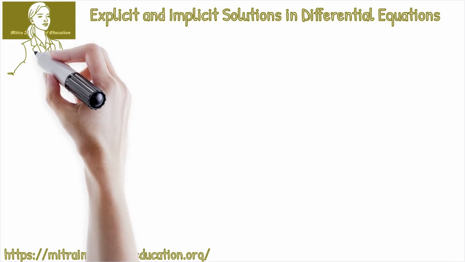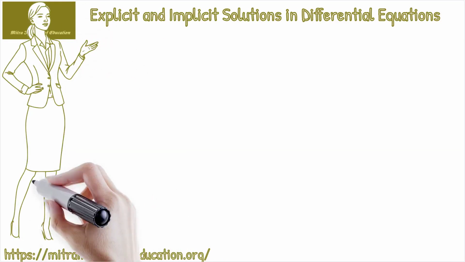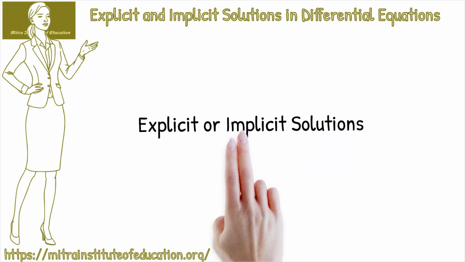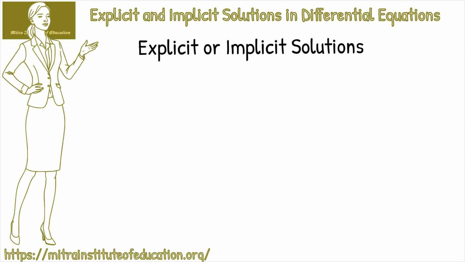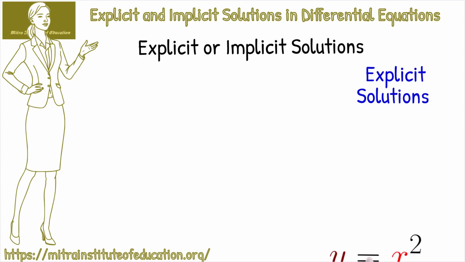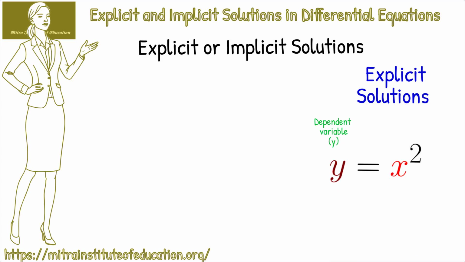In addition to general and particular solutions, it's important to recognize that solutions to differential equations can also be classified as explicit or implicit. Explicit solutions express the dependent variable directly in terms of the independent variable. For example, you might see an equation like y equals x squared, where y is clearly defined by x.